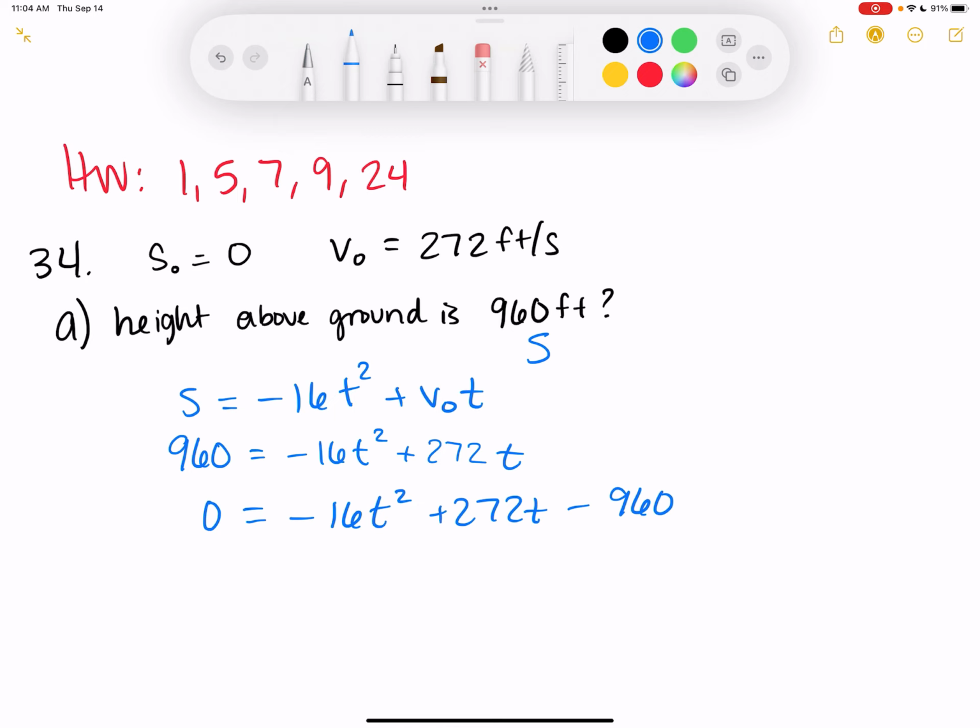All right, it does come out of 272, and it does come out of 960. So we would have negative 16 times t squared minus 17t plus 60.